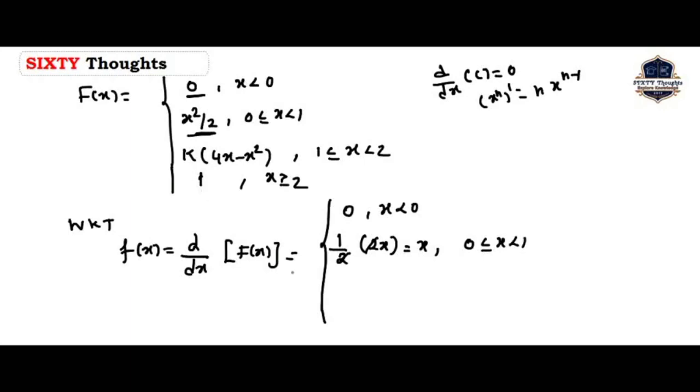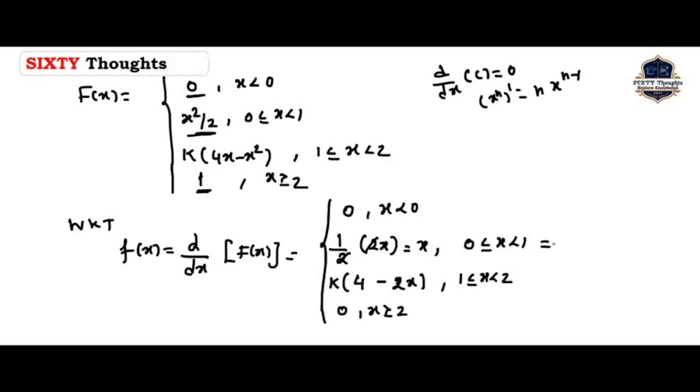Coming to the third function, here k is a constant, so k into the differentiation of 4x, which gives 4, and the differentiation of x square gives 2x. This is for 1 less than or equal to x less than 2. The differentiation of a constant is 0 if x is greater than or equal to 2.